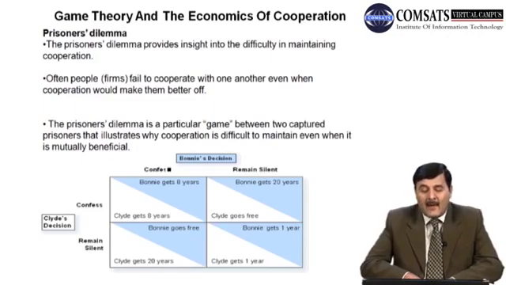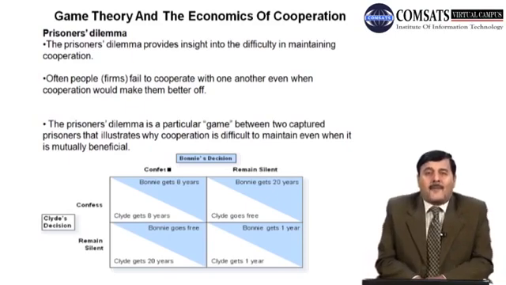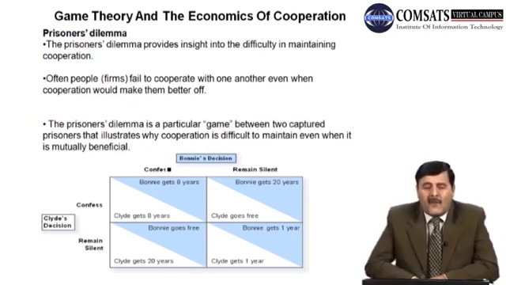And this table has on the top we have prisoner 1, which is the name of the prisoner, you can say Bonnie is one of the prisoners, and the other prisoner is Clyde. Decision. So both prisoners have to make a decision. What are the options available to both of the prisoners?